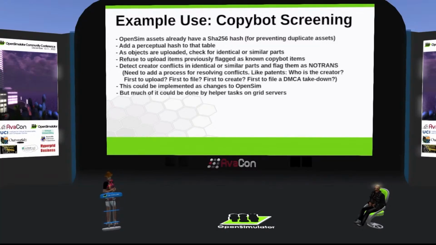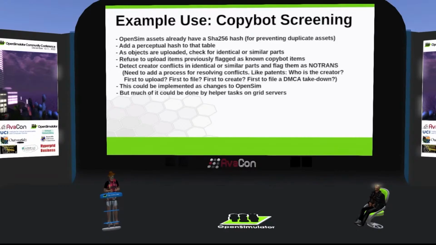And then as people upload items, you could have a list of forbidden items that they're not allowed to bring in, things that have been DMCA taken down or that everyone knows are stolen from Second Life. You can detect those being uploaded and you can refuse to upload them.